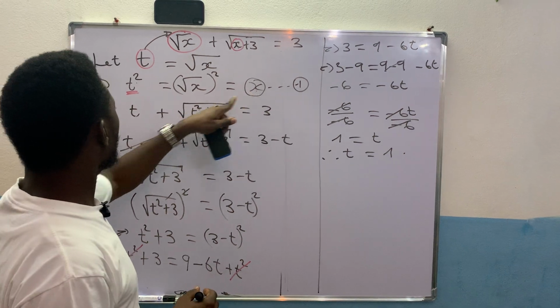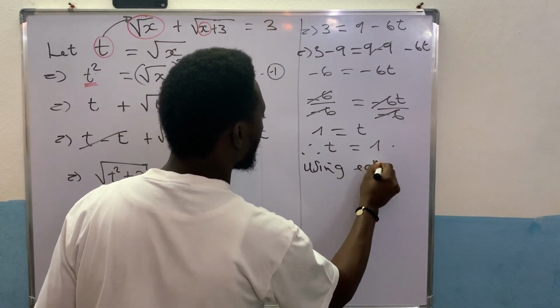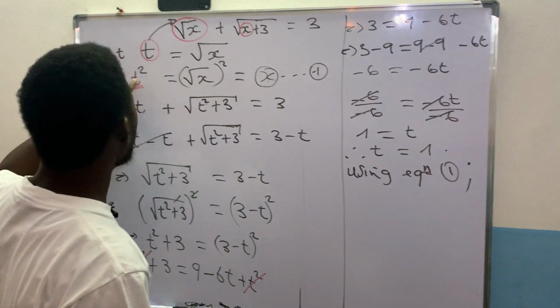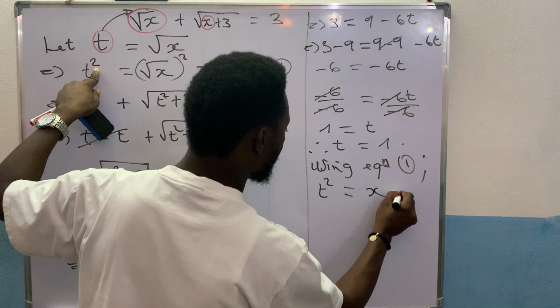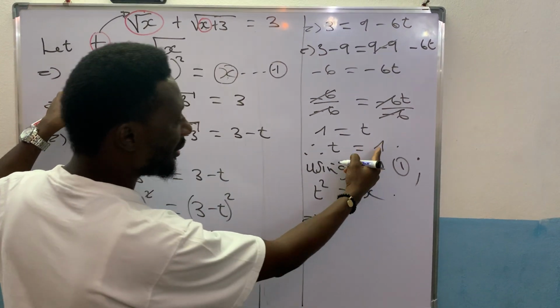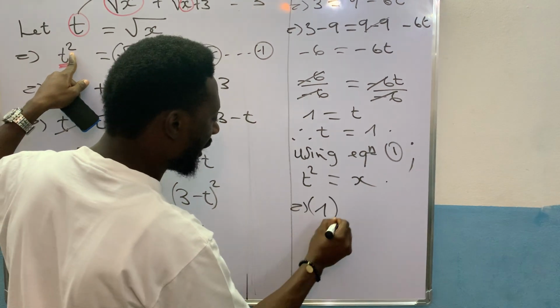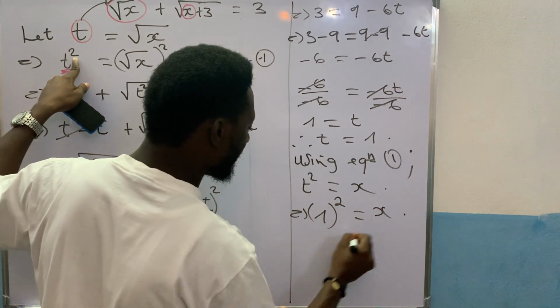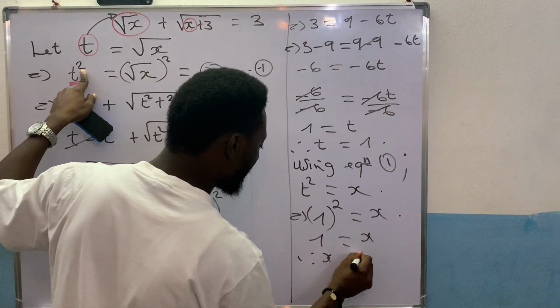Using equation 1, we already know that t squared is equal to x. Since the value of t is 1, I substitute it here, so that 1 squared equals x. 1 squared is 1, so x equals 1. Therefore, my x is actually 1.